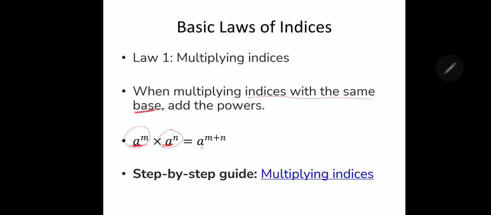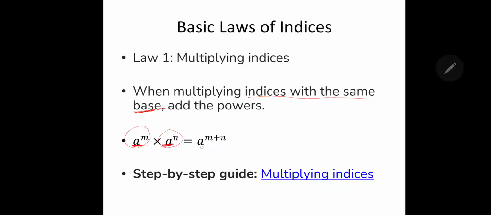So let's put numbers instead of the alphabet and let's see how it goes. For example, you have 3 raised to the power 2. We said same base, so it should also be 3, raised to the power, let's say, 4. When you do that, what do you get? You get 3 raised to the power 2 plus 4. And what do you get from this? 3 raised to the power 6. That's how it goes.